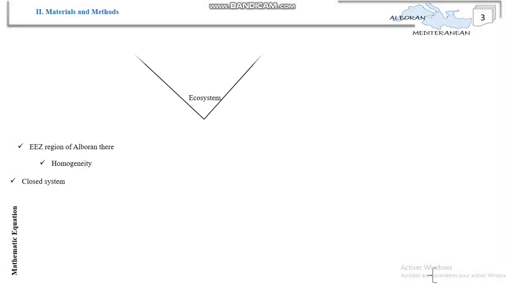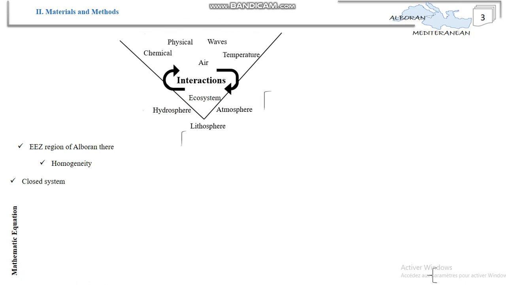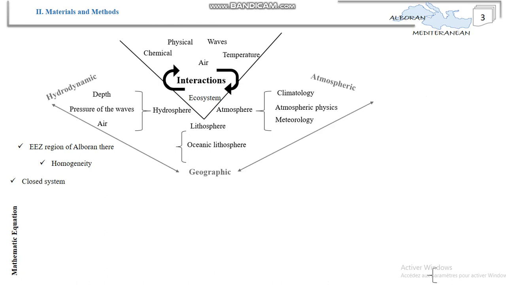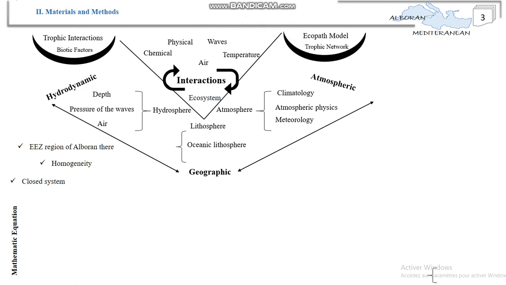And because of the complexity of our ecosystem, we consider that our exclusive economic zone is homogeneous and closed, just to ignore all hydrodynamic, atmospheric, and geographic factors that have a high impact on our ecosystem.